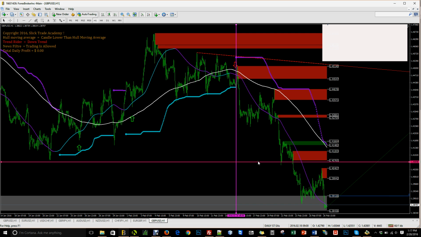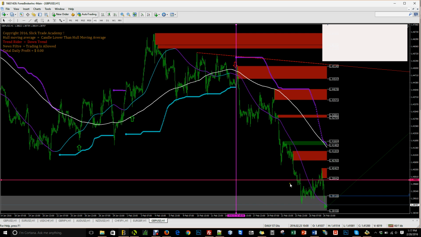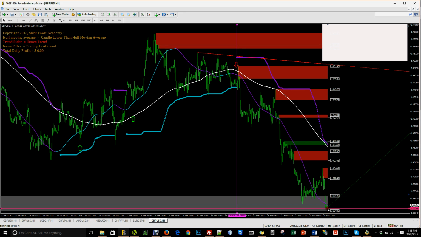I probably would have done right about there because that's a previous support level as well. See where price touched and bounced back up? Now you could have gained a lot more, but I'm just saying that's probably where I would have exited. You have the potential to gain a whole lot more. That has been a beautiful trade.